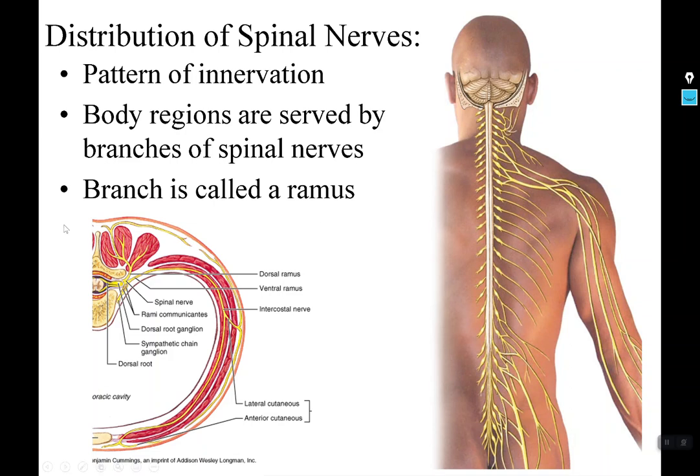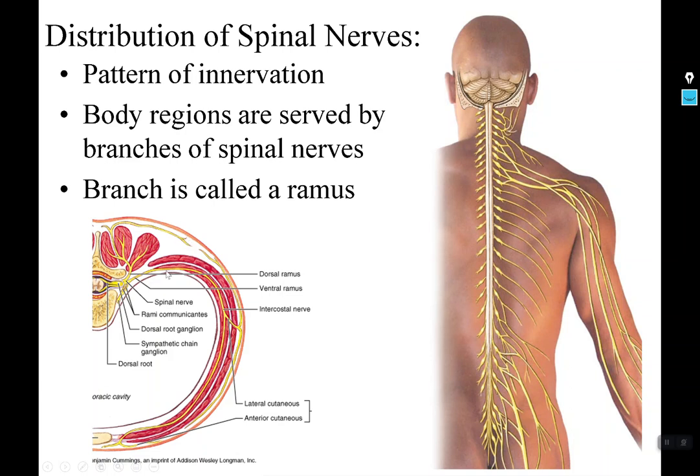So in this transverse section of the thorax, what you're seeing is some muscles of the back, and then the intercostal muscles between your ribs. And what you can see is that the spinal nerve immediately branches into the dorsal ramus, which innervates the back muscles and also the skin of the back for somatic senses.